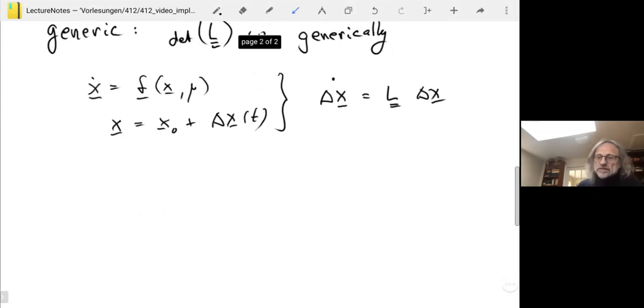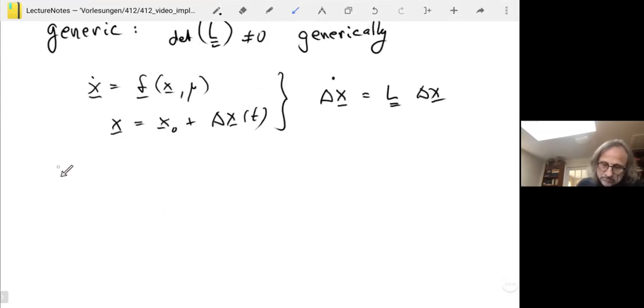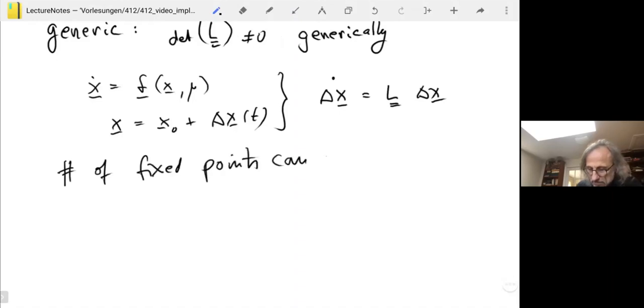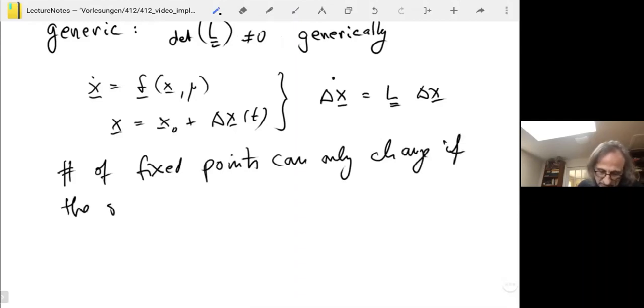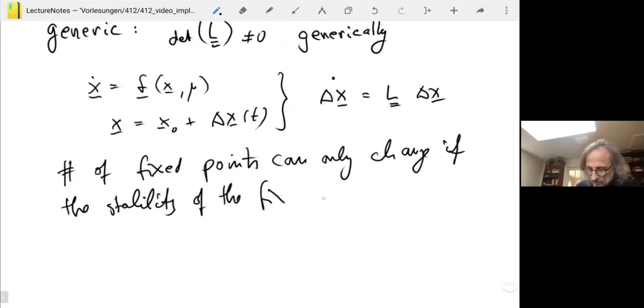So maybe we should write that down. The number of fixed points can only change if the stability of the fixed point in question changes.